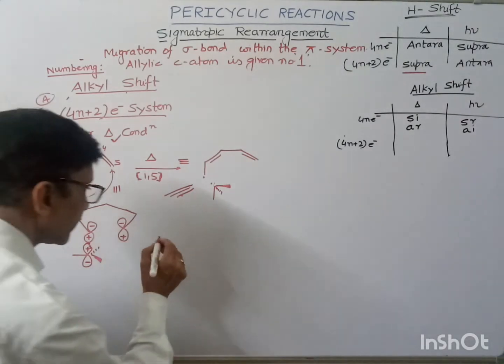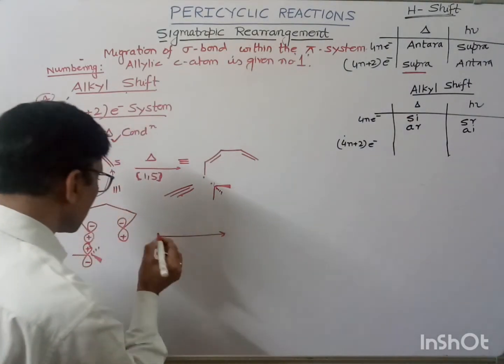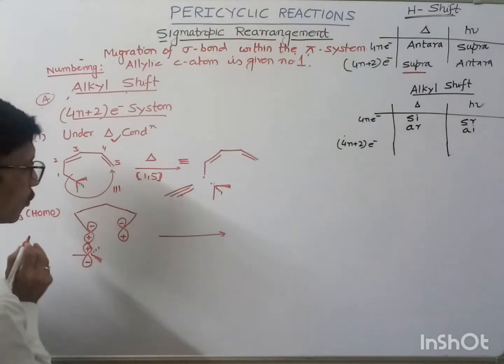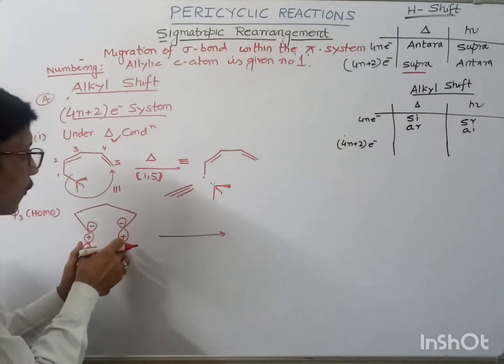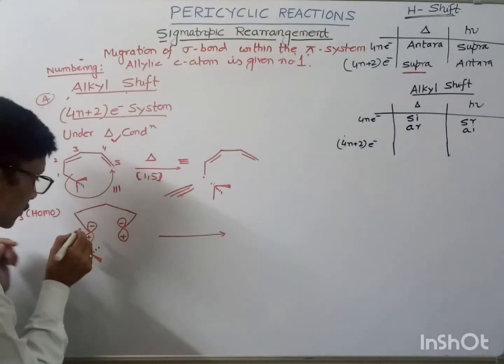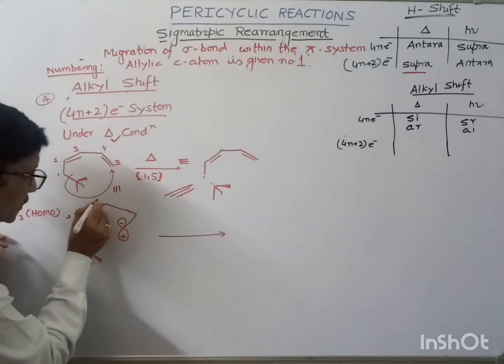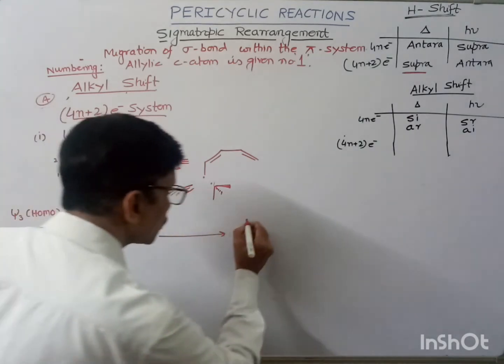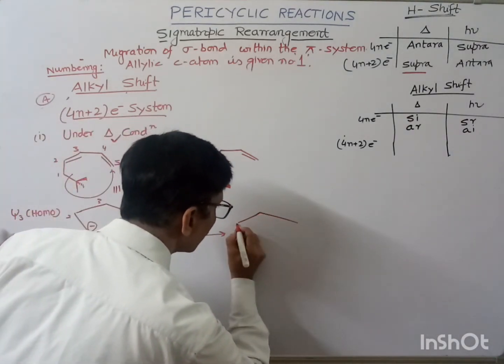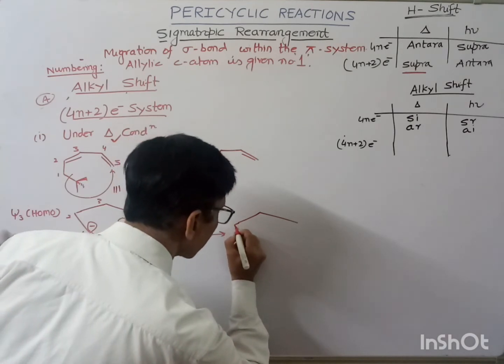Okay, now it will migrate. So this is the Psi3 HOMO, and it will migrate so that it may form a bond at the 5th position. So if this is 1st, 2nd, 3rd, 4th and 5th, we may show it so that the 1,5 migration takes place.